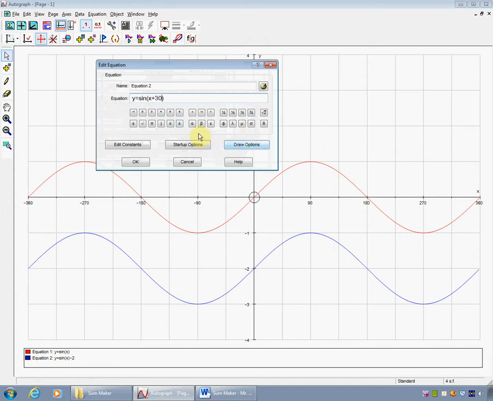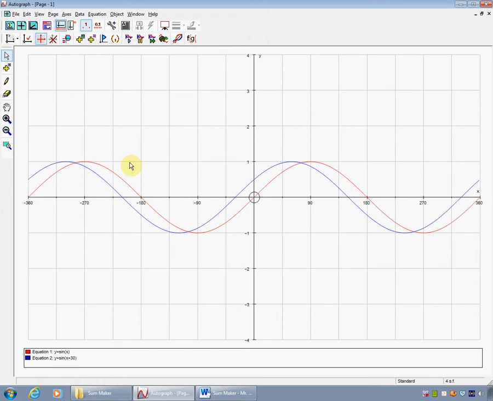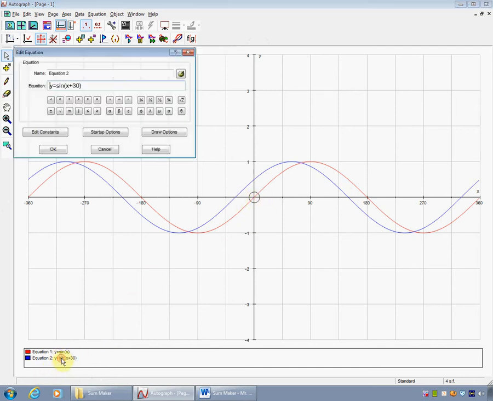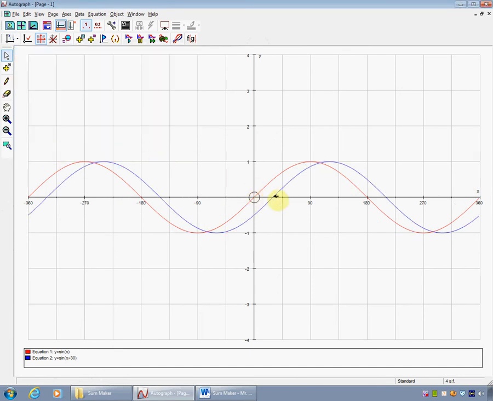So sine of x plus 30, and I would expect it to go plus 30 this way, but actually it's gone back. When it said plus 30 inside of my brackets, it's actually gone back 30. So that might mean that if I shove a minus in here and press enter, there we go, it's moved along to the right.